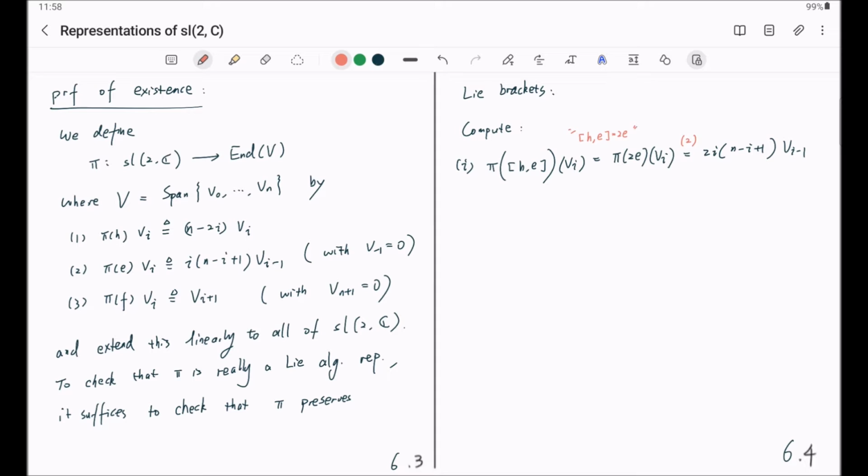On the other hand, look at pi of h composed with pi of e minus pi of e composed with pi of h applied to vi. And you compute this.